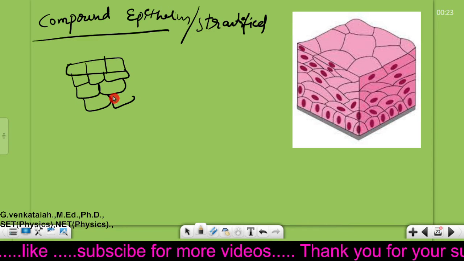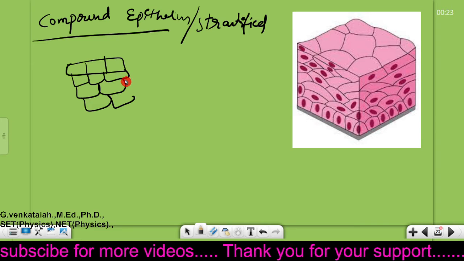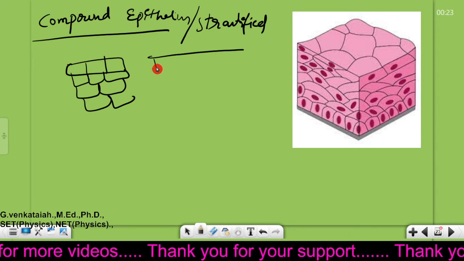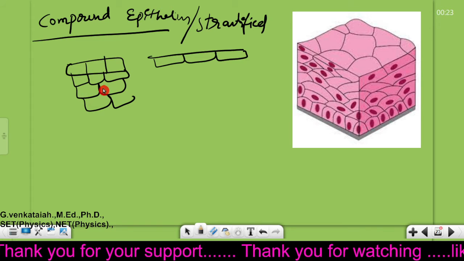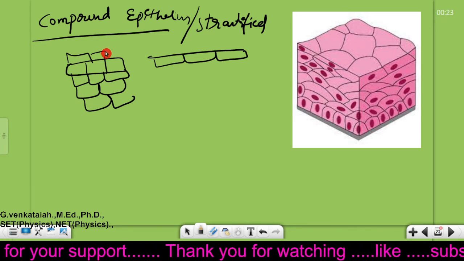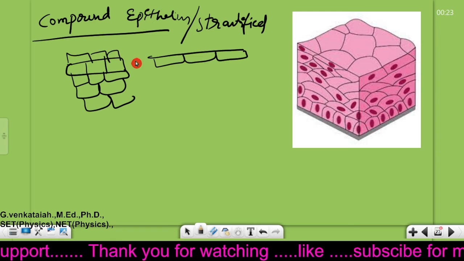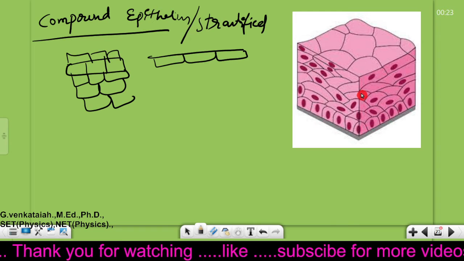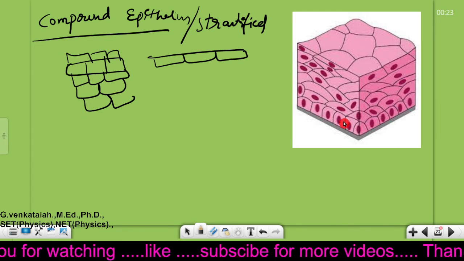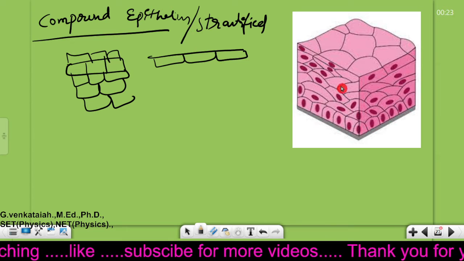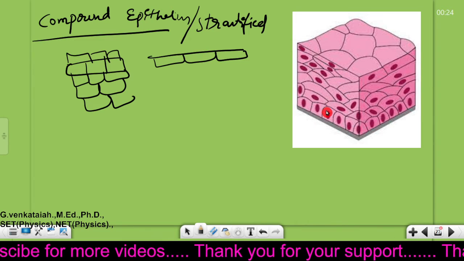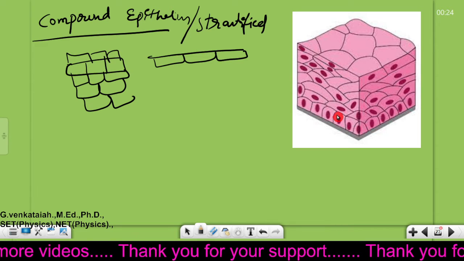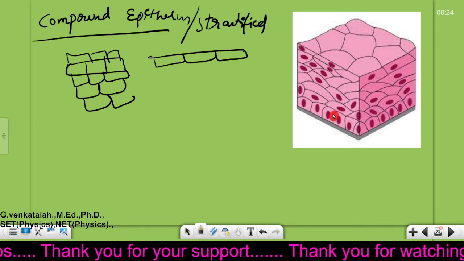In a simple epithelium, only a single layer of cells is present, but in compound epithelium there is more than one layer. Generally you can observe such cells in our skin, where there are so many layers. Such epithelial tissue is called compound epithelium.